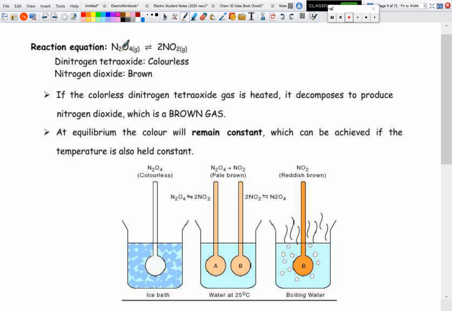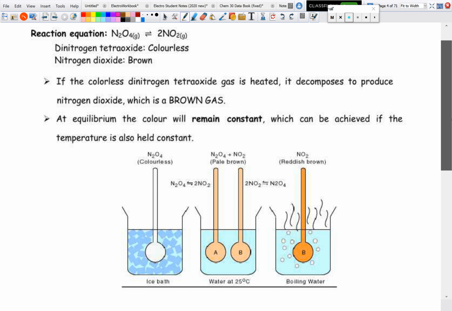Dinitrogen tetroxide, this one right here, is colorless, whereas nitrogen dioxide is a brown gas. And of course, during this decomposition, heat needs to be applied as well. If the colorless dinitrogen tetroxide gas is heated, it decomposes to produce nitrogen dioxide, which is a brown gas. So at equilibrium, the color will remain constant.